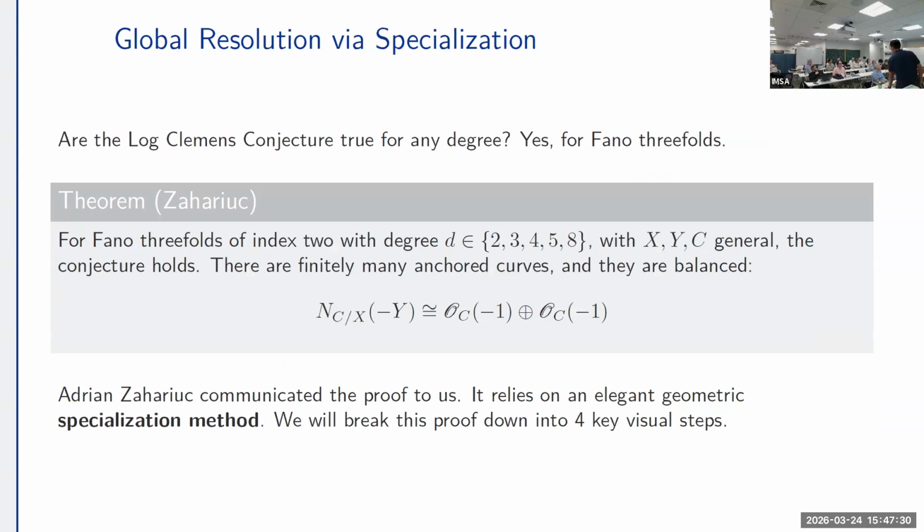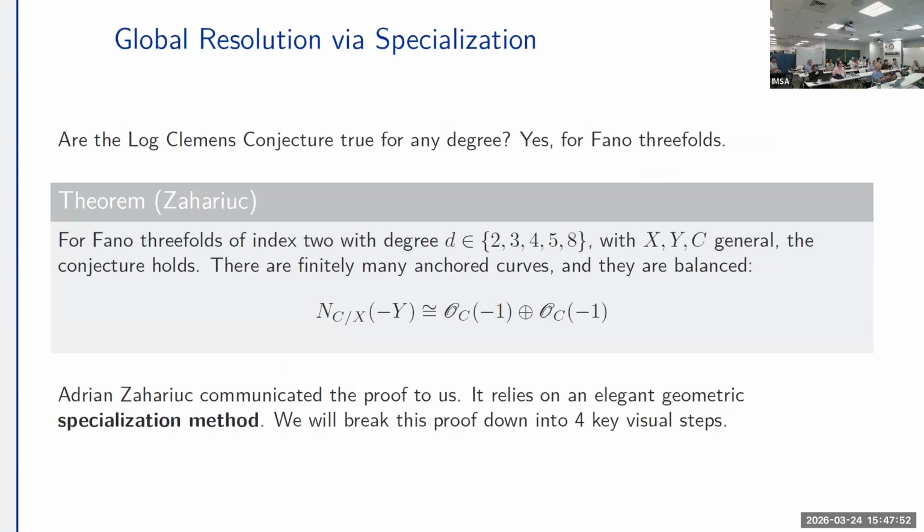But then somebody came and said, we can use Gromov-Witten invariants and solve all of them completely if X is a Fano threefold. This was very impressive for me, and of course I don't understand the techniques very well, but I will try to give you a sketch of the proof.